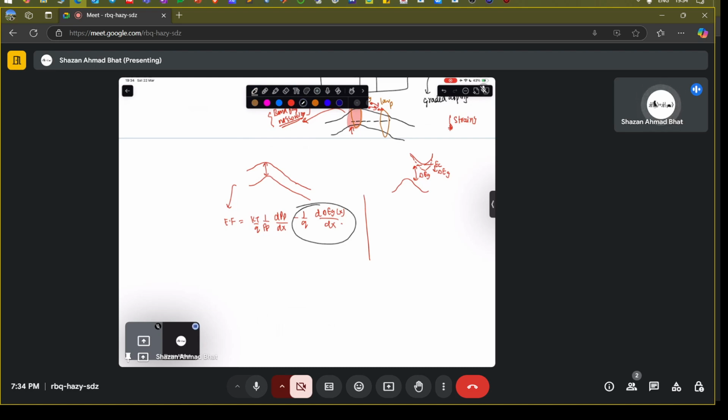So what you thought is that the overall current is going to increase because of the slope, because you increase the slope, so you have more drift current.